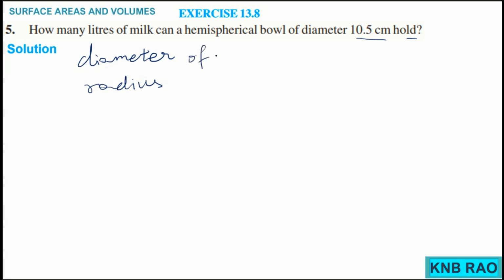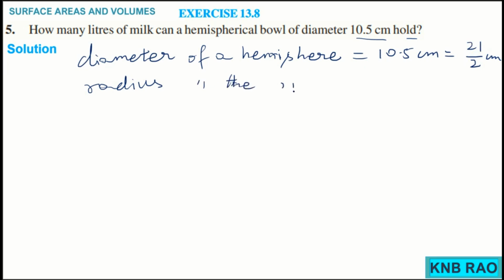The diameter of the hemisphere is given as 10.5 centimeter, or it can be said as 21/2 centimeter. Thus the radius of the same hemisphere will be 21/4 centimeters, that is half of this.